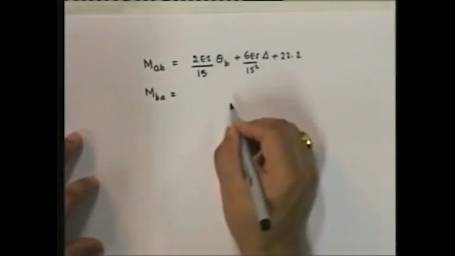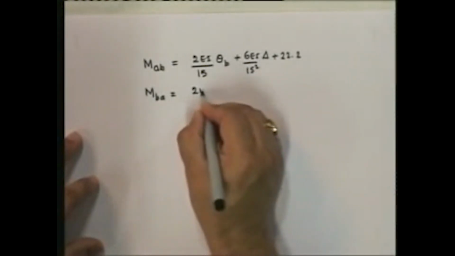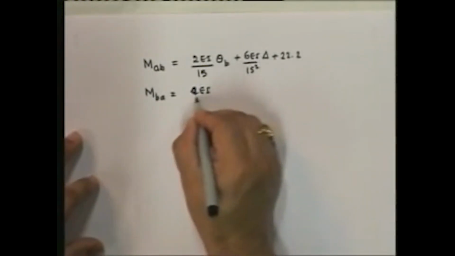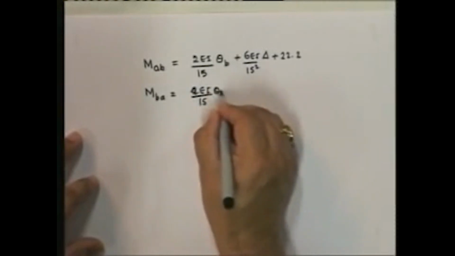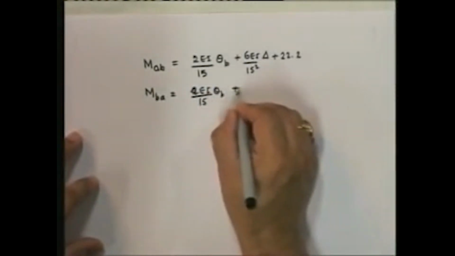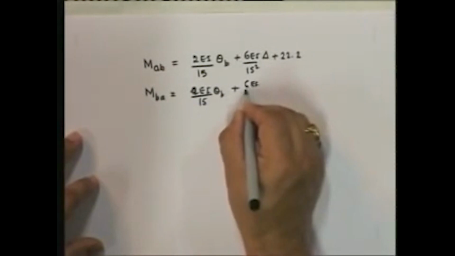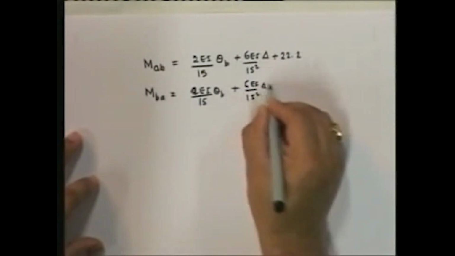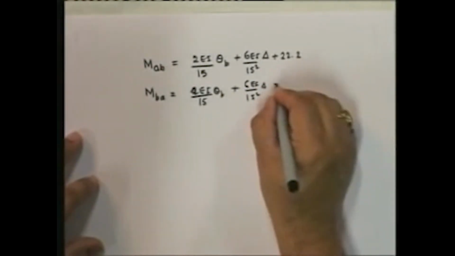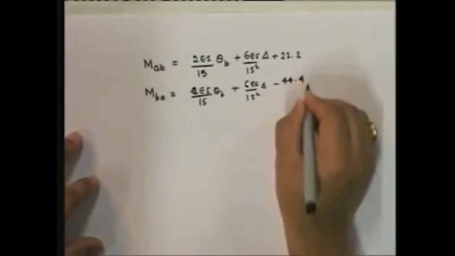MBA is equal to 4EI upon 15 theta B plus 6EI upon 15 squared delta minus 44.4.